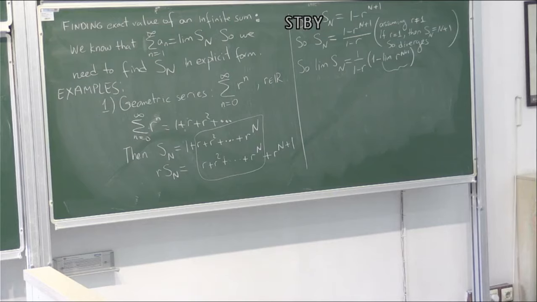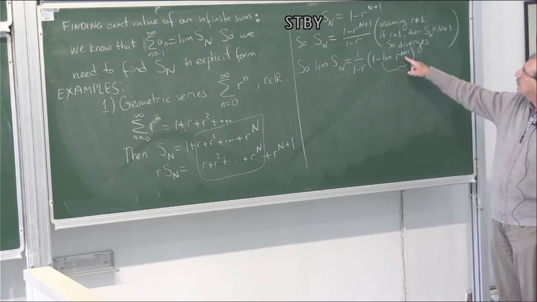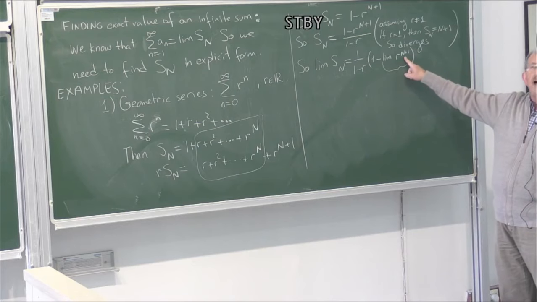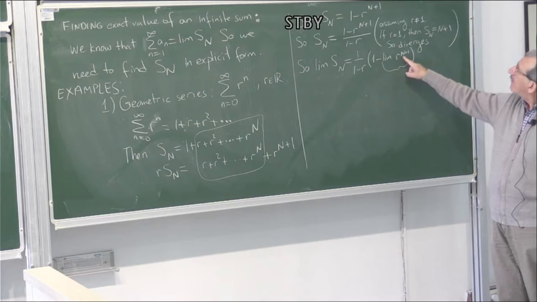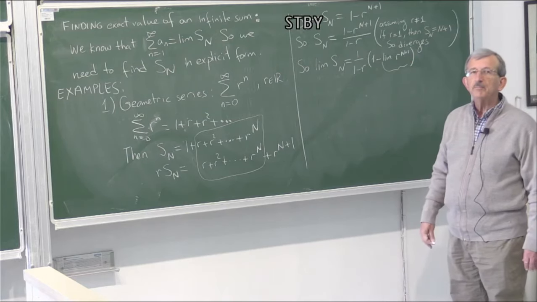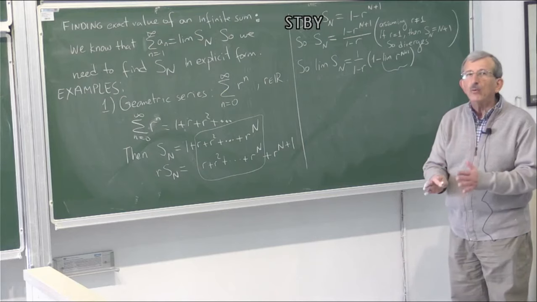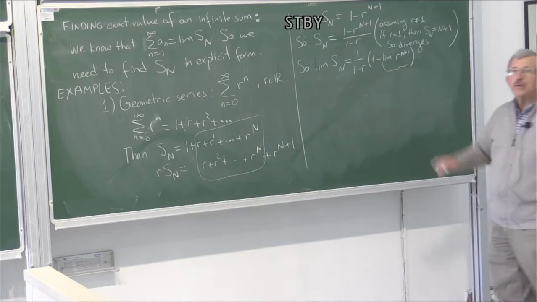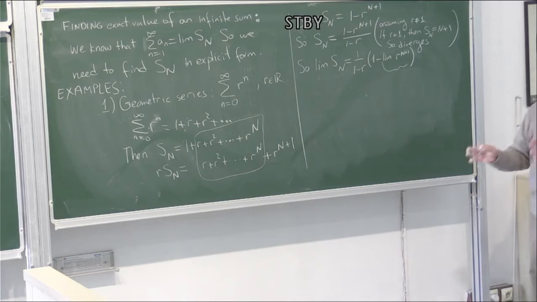If r is bigger than 1, of course, its powers will be larger and larger, and it will go to infinity. So there will be no limit. If r is less than minus 1, it means in absolute value it's bigger than 1. So its nth powers in absolute value will go to infinity. So there's no way that it can have a limit.